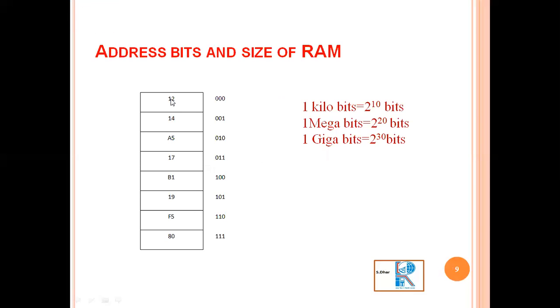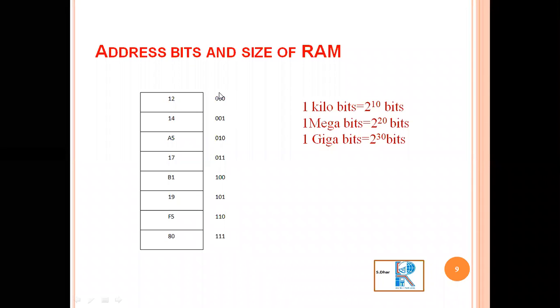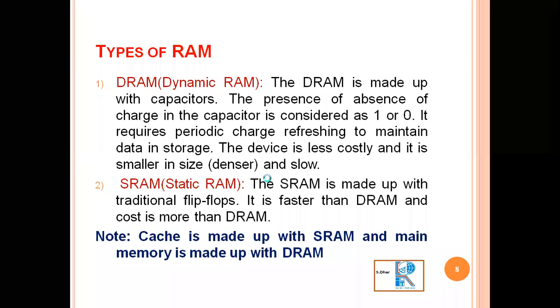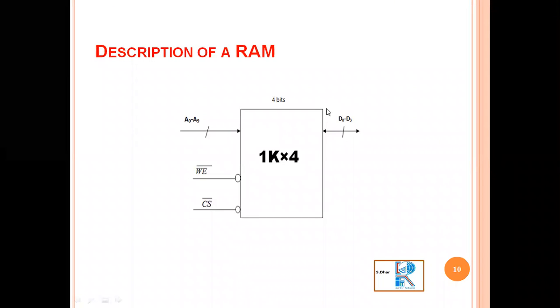You know that in hexadecimal 4 bits are used per digit. That means here the width is 8 in this case, and the number of addresses is here 8. So this is an 8 cross 8 RAM. Okay. Similarly here, this is the total width of the RAM.